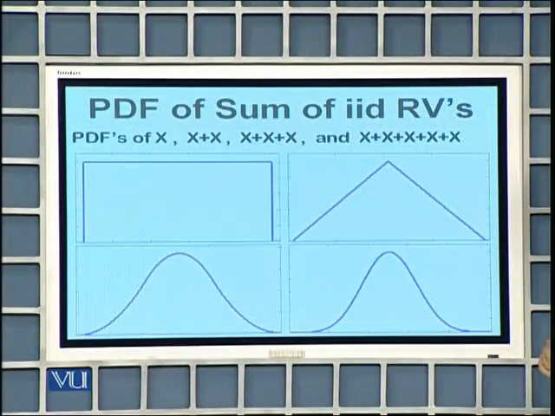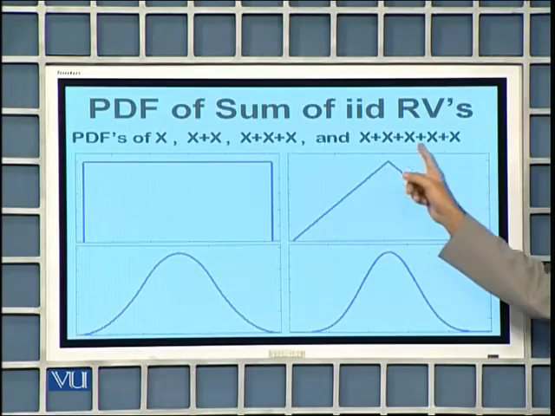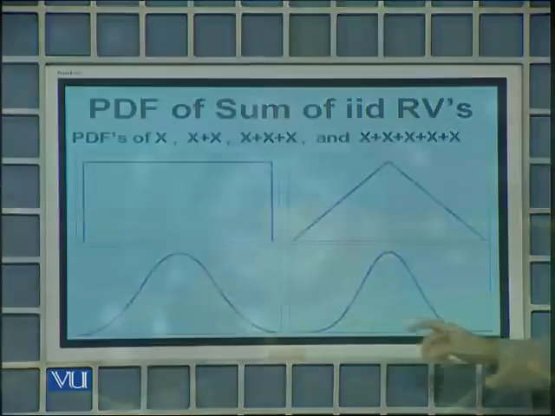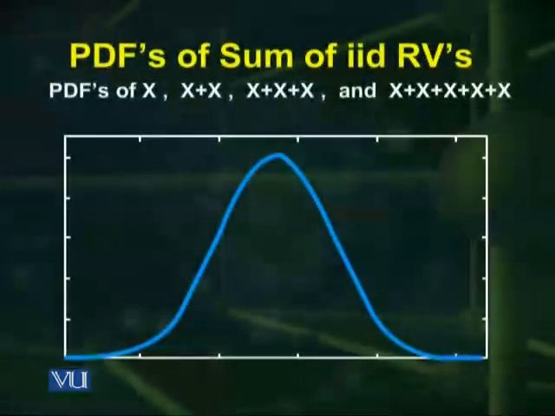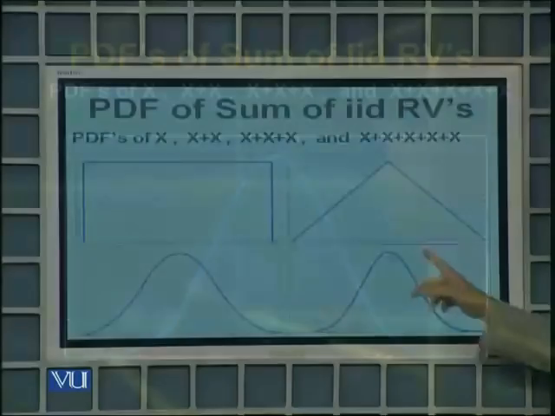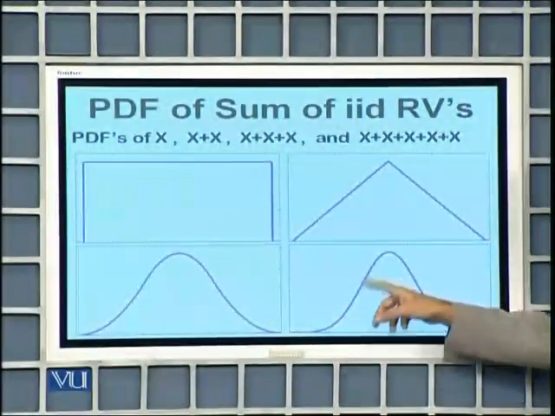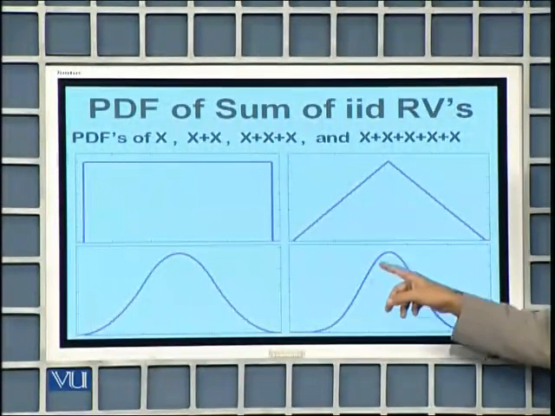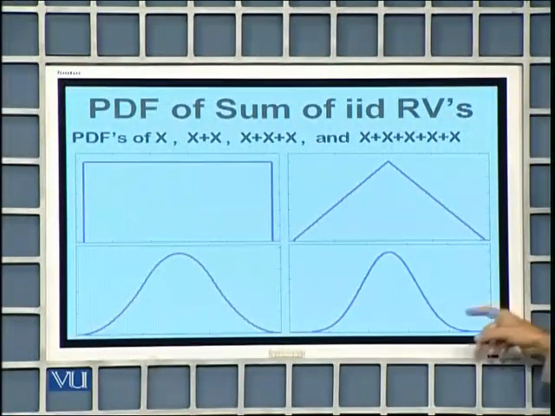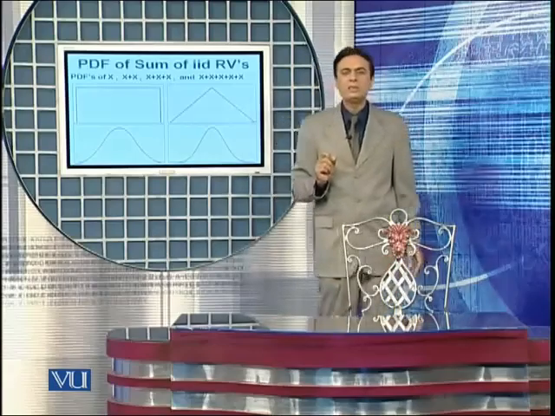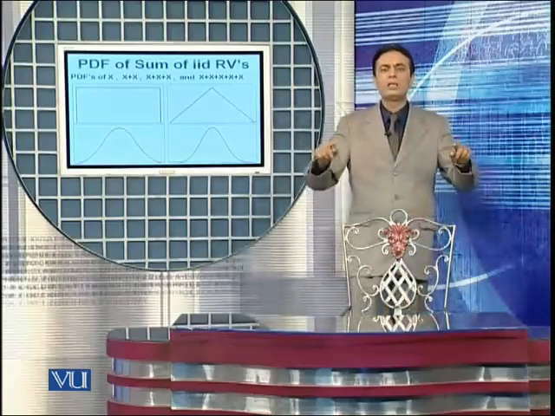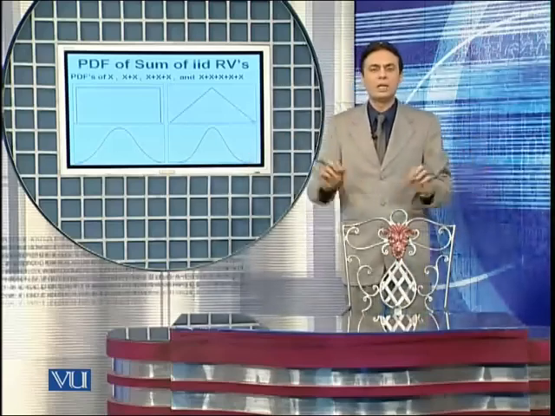Going further, if we take z to be the sum of 5 independent and identically distributed random variables, this is the shape of the PDF that you get. This is going to be a polynomial of degree 4, and remarkably, its shape is very similar to the shape of a Gaussian distribution. A Gaussian distribution has a bell-shaped curve with long tails.